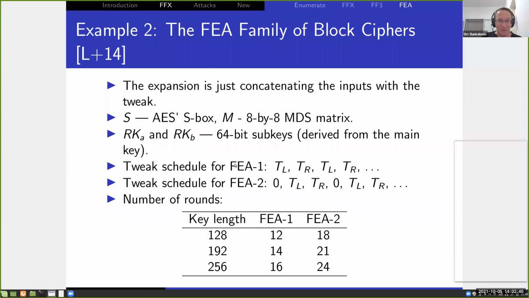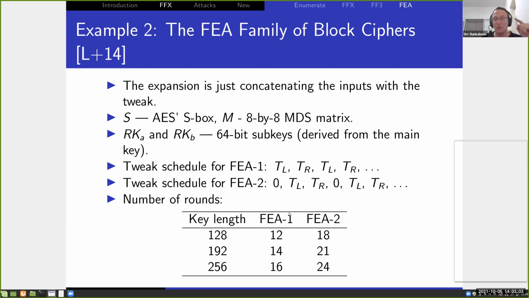And because of that, you have stronger, faster, and so you can do more rounds. One thing to note, there is a key schedule algorithm. It's very complicated, but each round you need 128-bit subkeys. The tweak schedule for Phi1 is actually tweak left, tweak right, tweak left, tweak right, very similar to FF3.